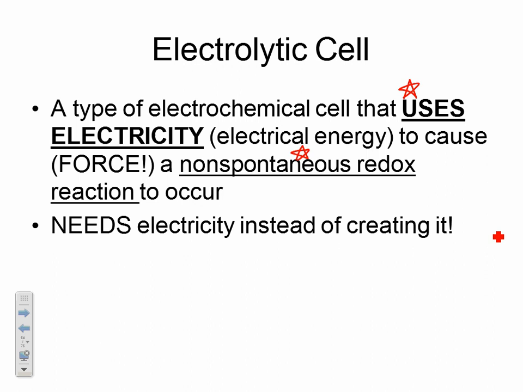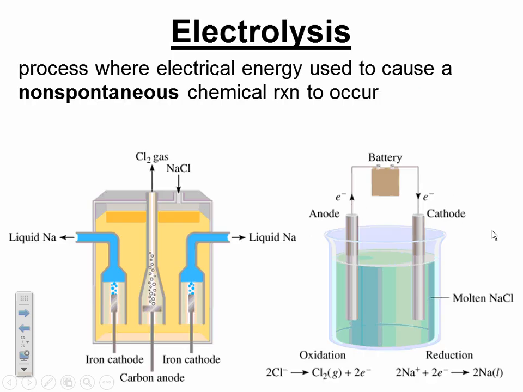So notice we do absolutely still have redox reactions in an electrolytic cell, but they're not reactions that would happen unless you are putting energy into the system. So this electrolytic cell, instead of creating electricity like a voltaic cell does, it needs it, it requires it, it uses electricity. This is just a picture of an electrolytic cell.